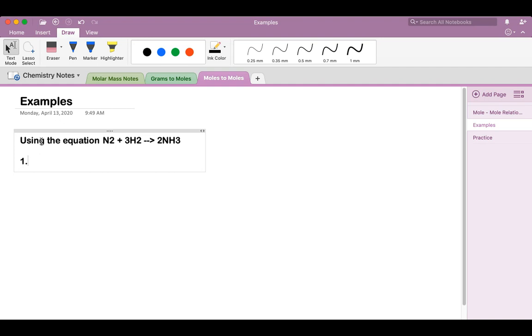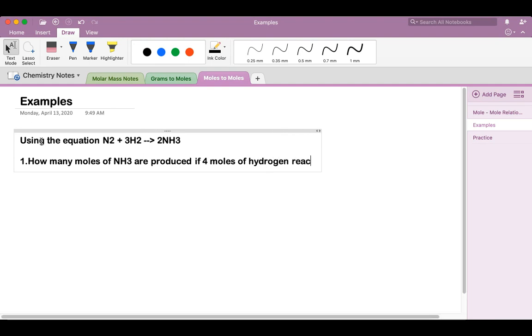Let's do how many moles of NH3 are produced if 4 moles of hydrogen react.